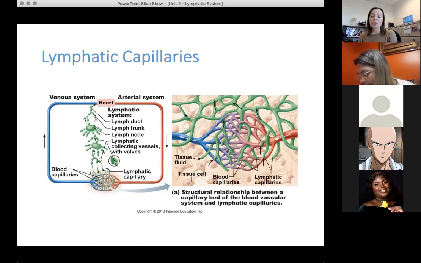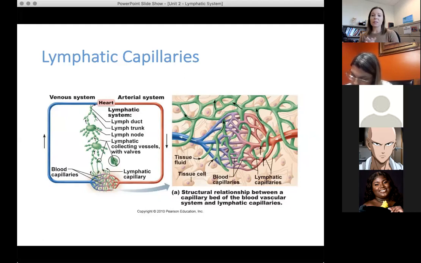There is a special name for this lymph draining out of the small intestine, and it's called chyle, C-H-Y-L-E. You have that term written in your outline. So only in the small intestine, you have a special name for the lymphatic capillaries, called lacteals, and a special name for the lymph, called chyle.